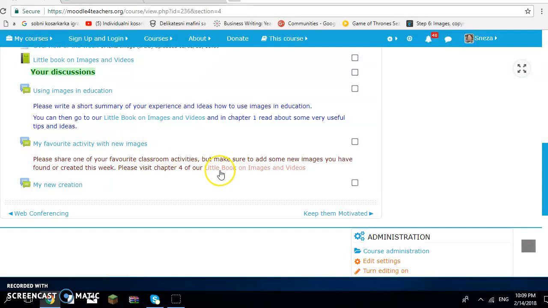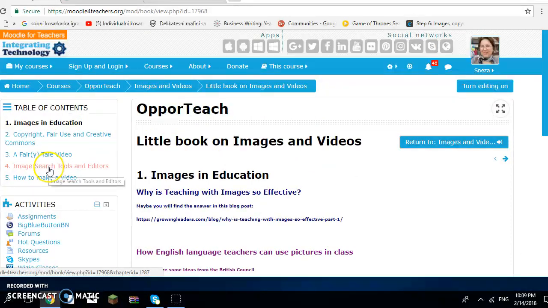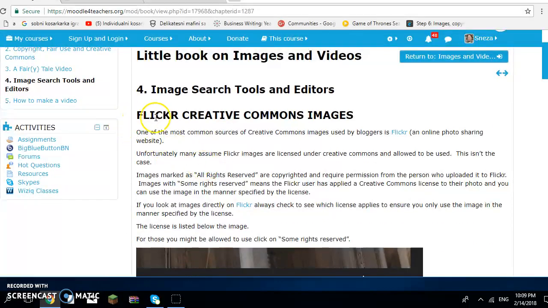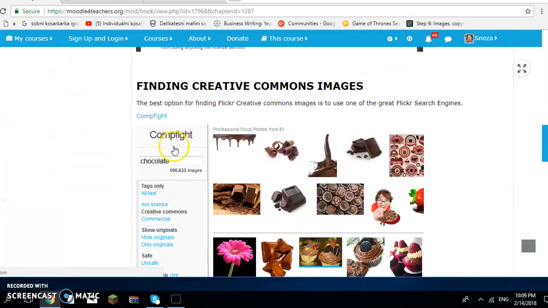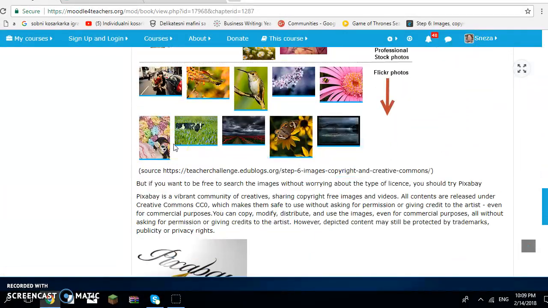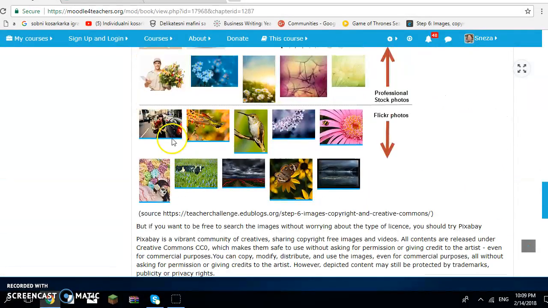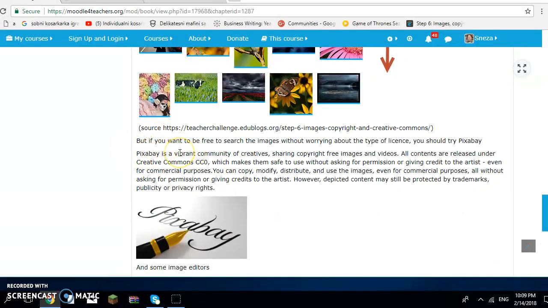Again, go to the little book on images and videos, and in chapter 4 you have explained Flickr Creative Commons license and how to find Creative Commons pictures, then Pixabay, also where all the pictures or images are free, or they are public domain, so you don't have to worry about Creative Commons. You will find out about the difference once you read the first paragraph.